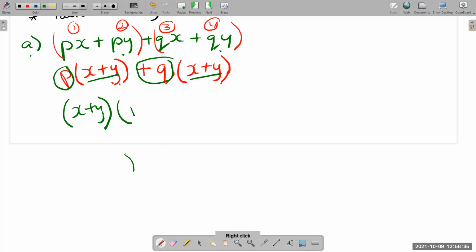We put it in a separate bracket, P plus Q. And that's how we do the grouping by factorization. Let's try another one. And we're going to go through the steps again.